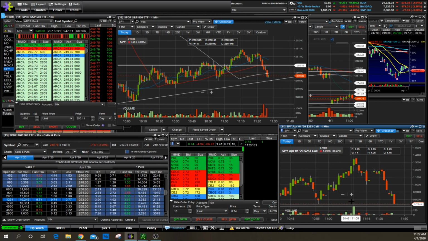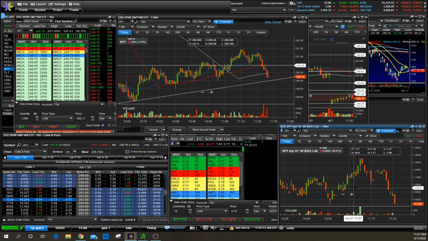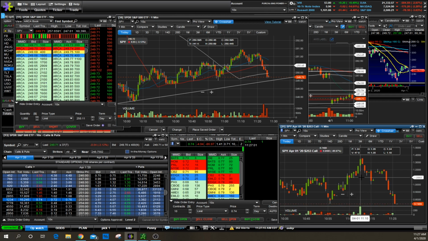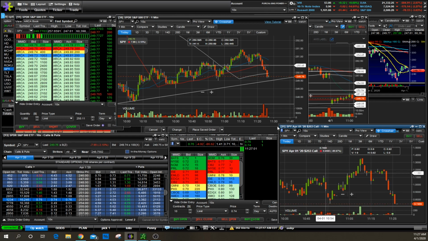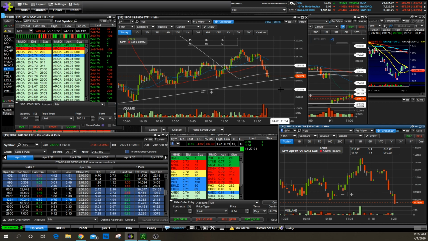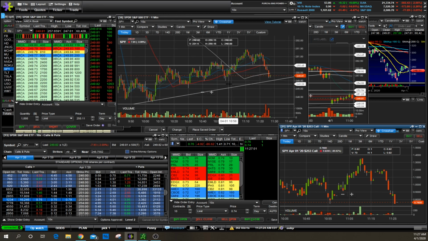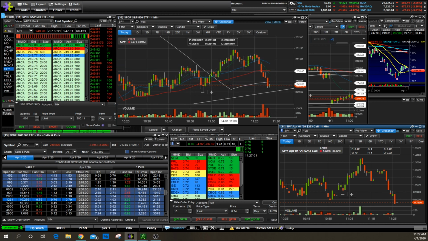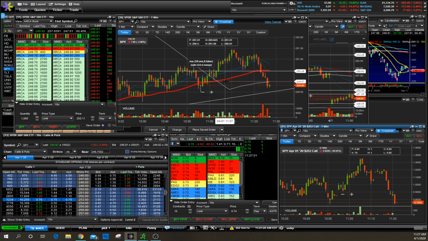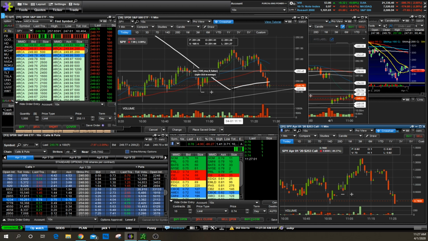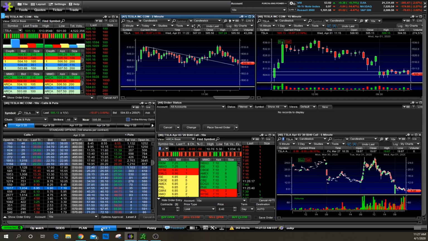Double bottom coming in, which I don't really consider trading chart patterns off option contracts. Tesla. Testing that trend support. 204.